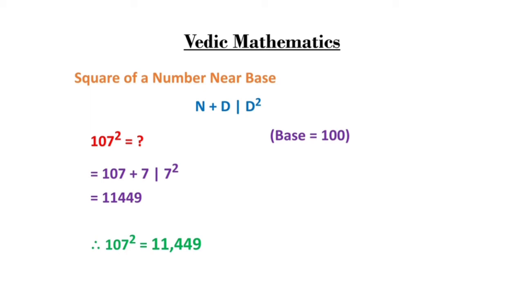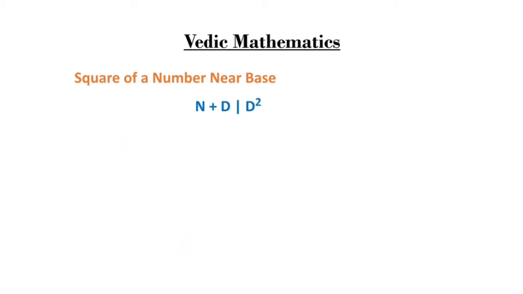We will see an example with negative deviation. Let us try to find the square of 98. The base here is 100 and its deviation is -2, say 2 bar in Vedic maths.